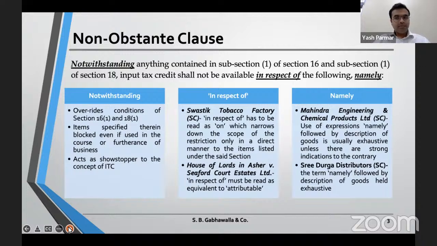What this means is that even if any of the items or activities prescribed in section 17(5) are used in the course or furtherance of business of the company, despite that, you might not be entitled to claim the credit if it is prescribed in section 17(5).